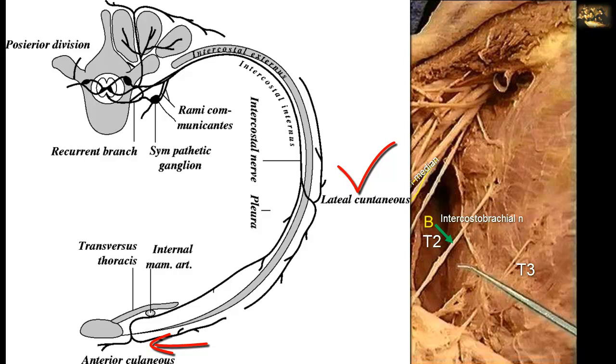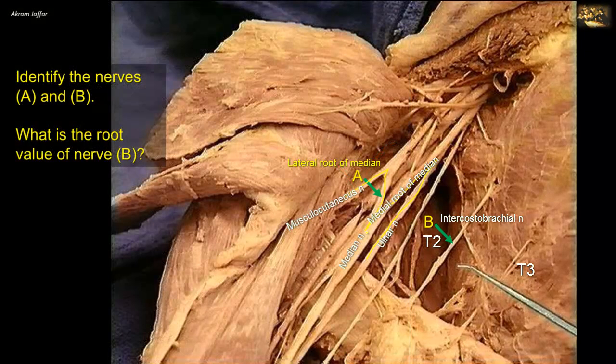The lateral cutaneous branch of the second intercostal nerve that supplies the skin of the floor of the axilla is called the intercostobrachial nerve. Intercosto because it arises from intercostal nerve, and brachial because it supplies the floor of the axilla and the uppermost part of the arm.